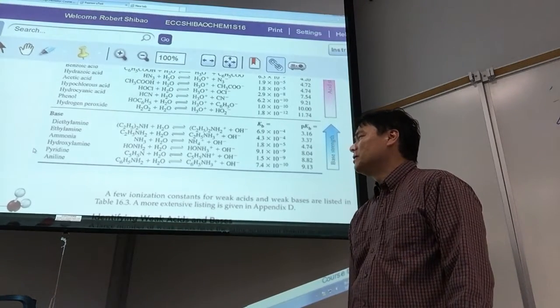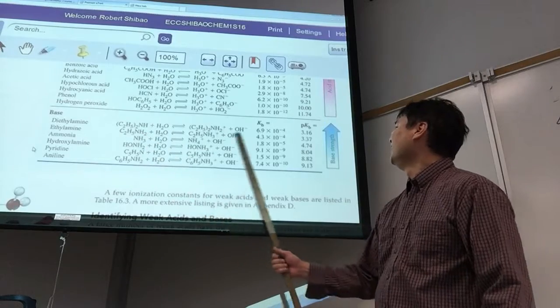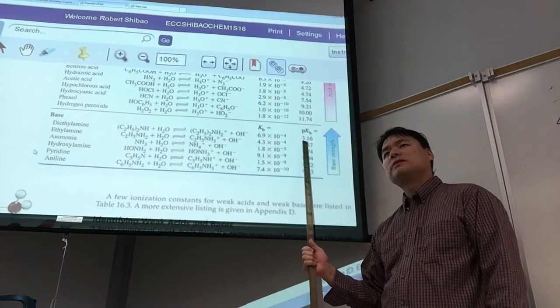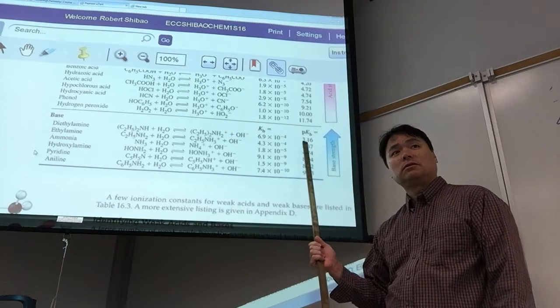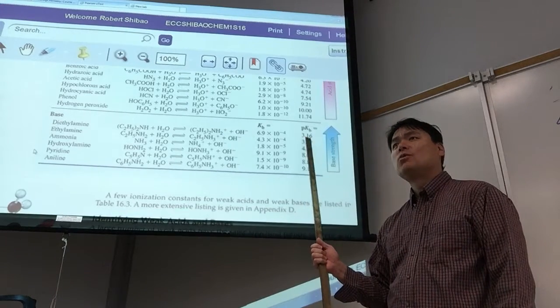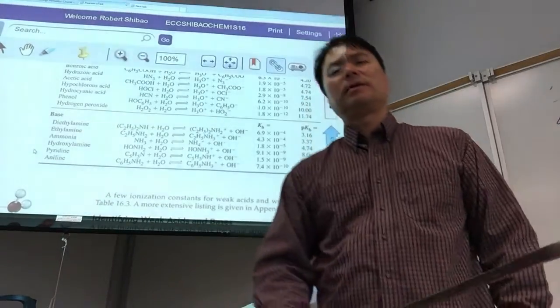It's an ethyl group. It's an electron pushing group. And so it lowers the pKb, which means it becomes more basic. The smaller the pKb, the more basic it is.